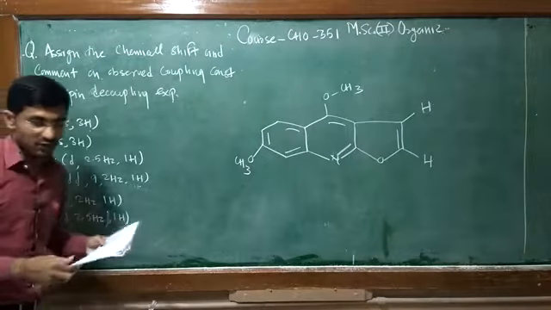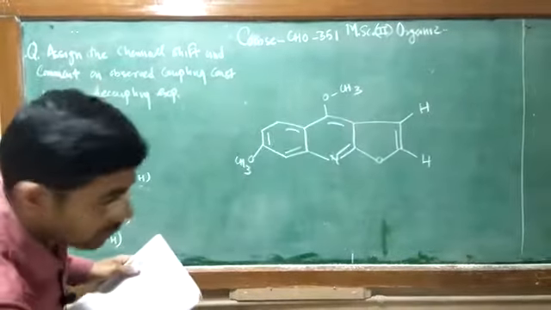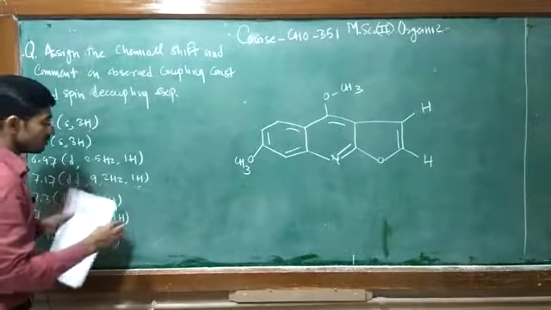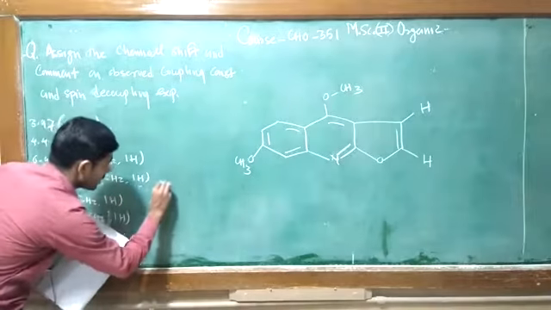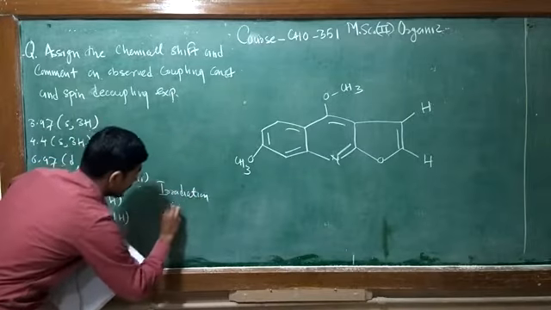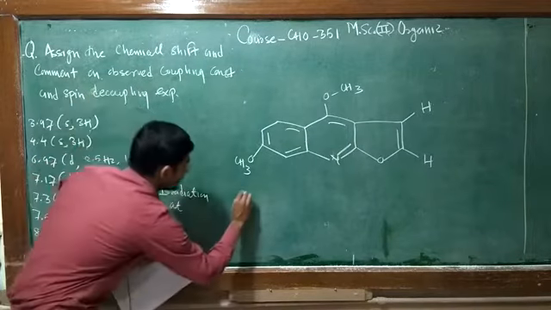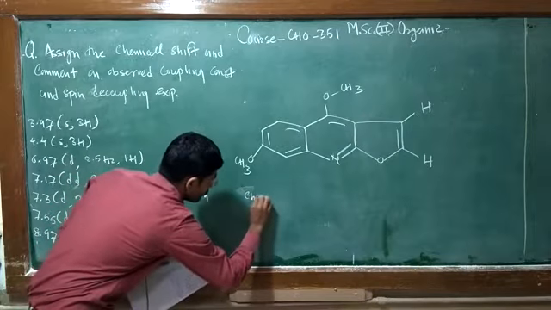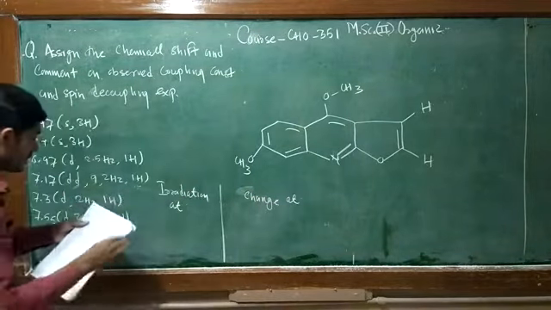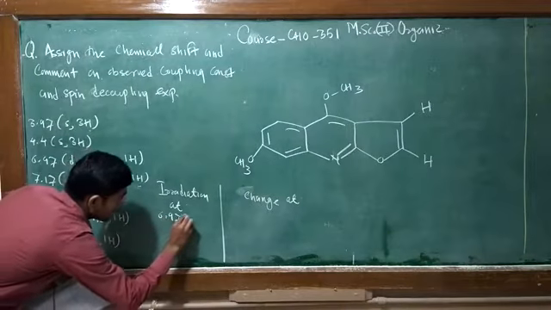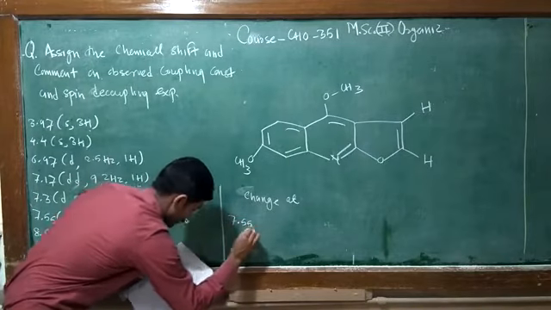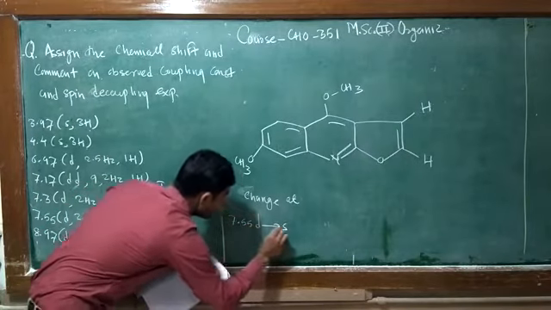So these chemical shift values are given, and a spin decoupling experiment is also given here. In that, information is given like this: irradiation at, and change at. So irradiation at 6.97 delta changes the signal at 7.55 from doublet into singlet.